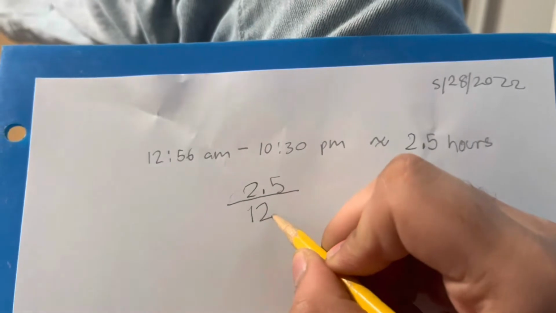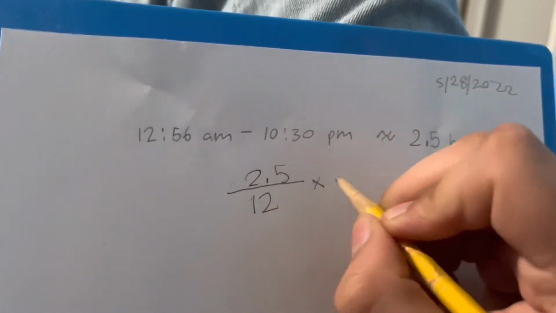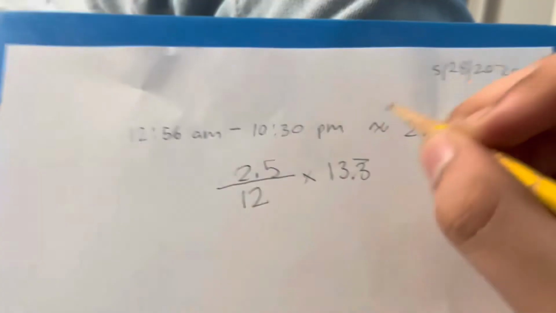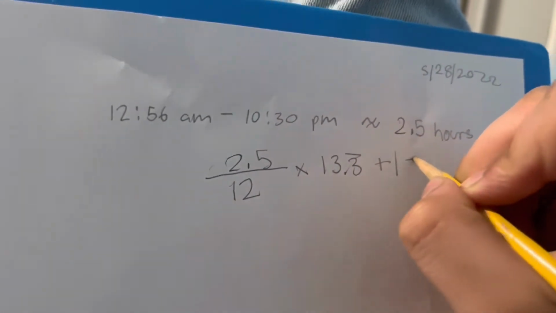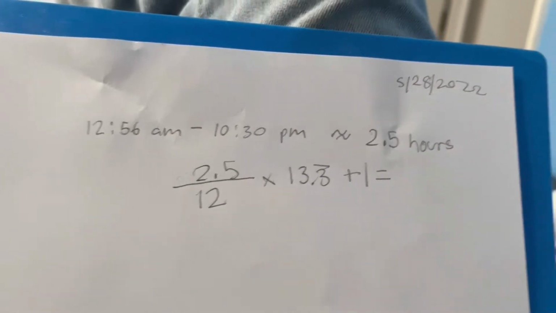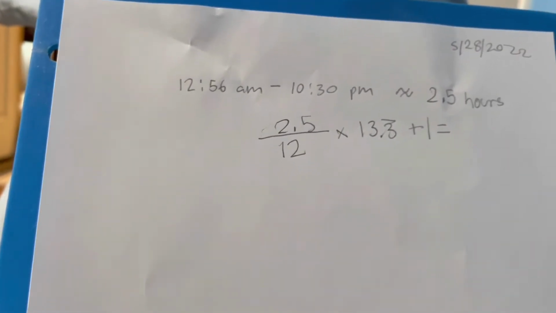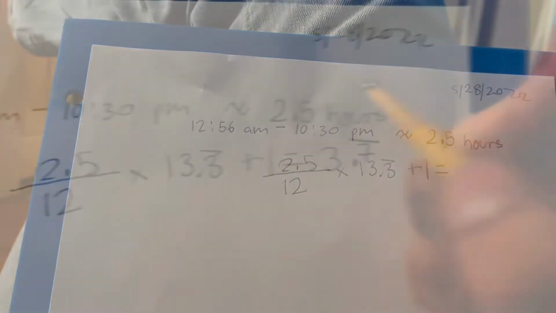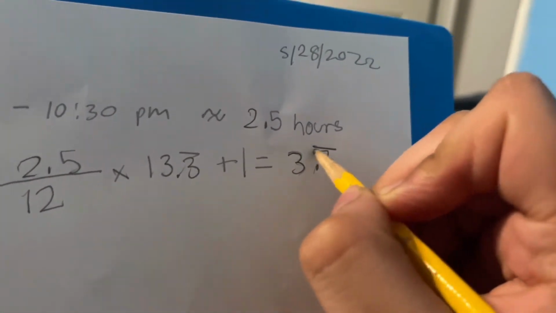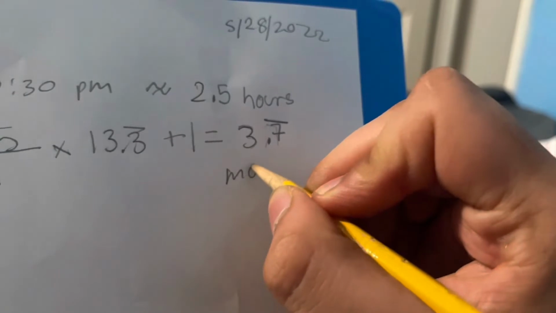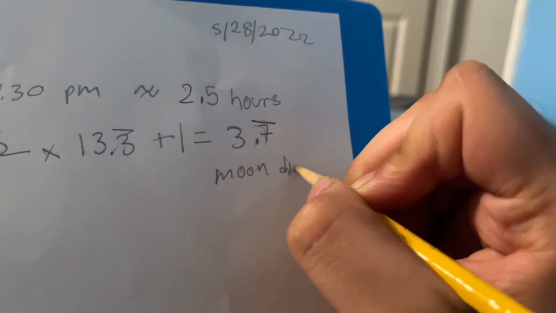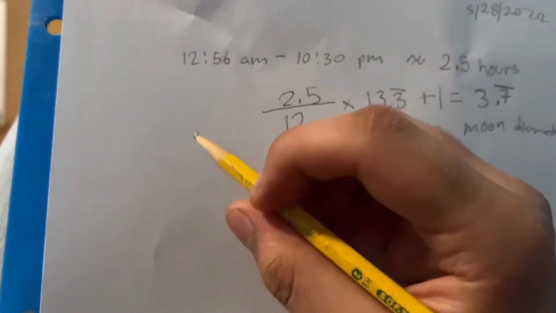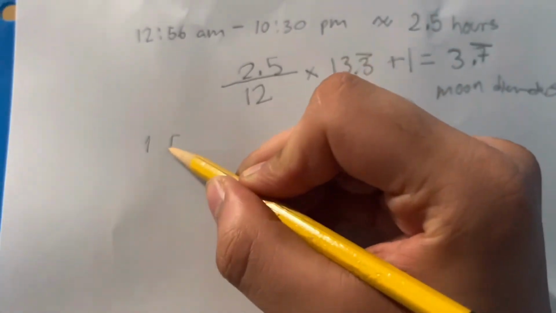And that is 2.5 divided by 24 times 13.3333, plus 1, an extra moon diameter, which yields a value of 3.7777, which you'll see will give me a remarkable value. Now, it takes 3.7777 moon diameters to fit the Earth's diameter approximately.